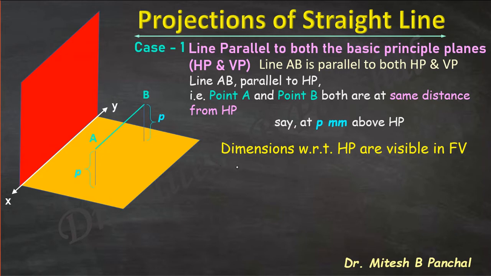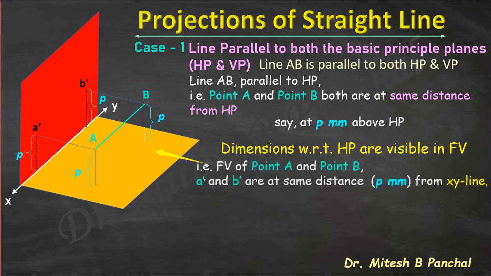Okay, so considering that important point, that is dimensions with respect to HP are visible in front view, when we are viewing this straight line from this front direction, okay, we will get A dash and B dash, that is nothing but the front view of point A and point B on VP, right? So front view of point A and point B, that is A dash and B dash, are at same distance, that is P mm from XY line, right?